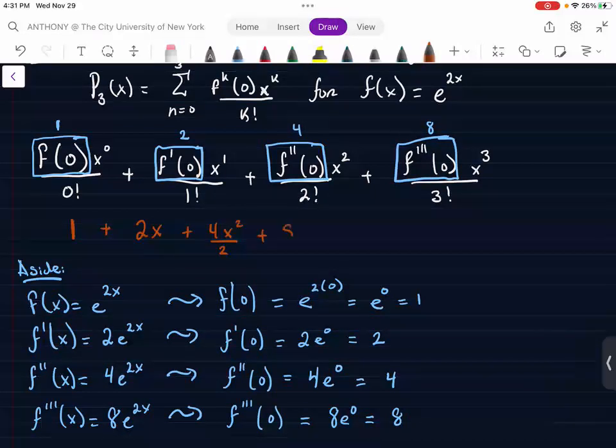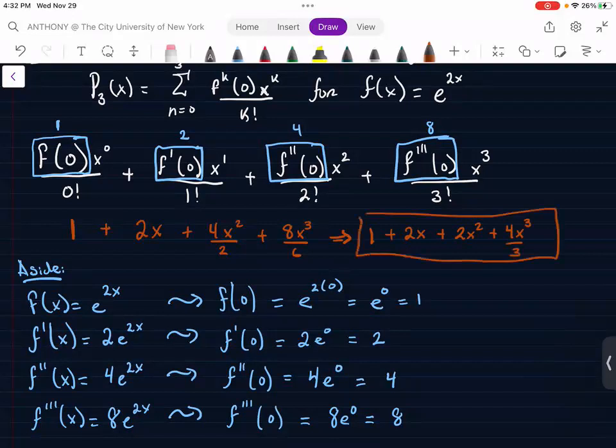And the next term would have been 8x cubed over 3 factorial. So 3 factorial is 3 times 2 times 1. That's 6. So if I do simplify this, it's 1 plus 2x plus 2x squared plus 4x to the third over 3. That would have been my solution.